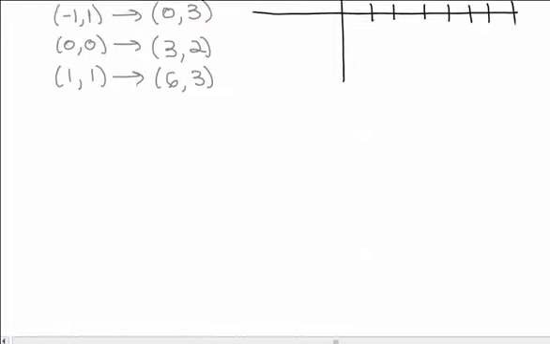Let's try another one. Example 4. Y is equal to 2/3 times (x plus 3) cubed minus 1. The main function here, you see the main stuff is cubed. That is our main function.